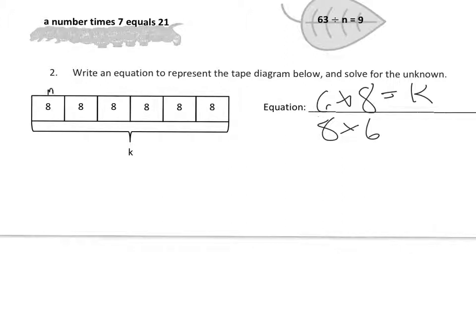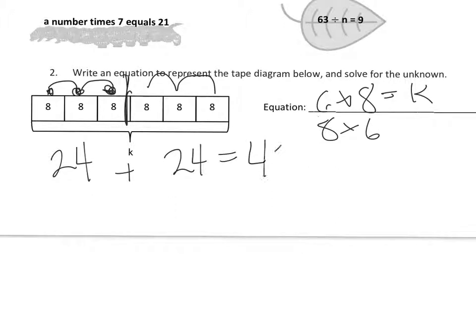So I'm going to start with 8, plus 8 is 16, 16 plus 8 is 24. That's halfway through, 24. Then 24 plus 8 is 32, plus 8 is 40, plus 8 is 48. So k equals 48. Let's go ahead and go on to the next page.